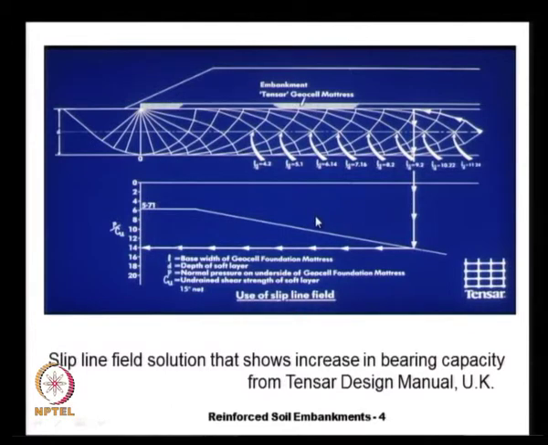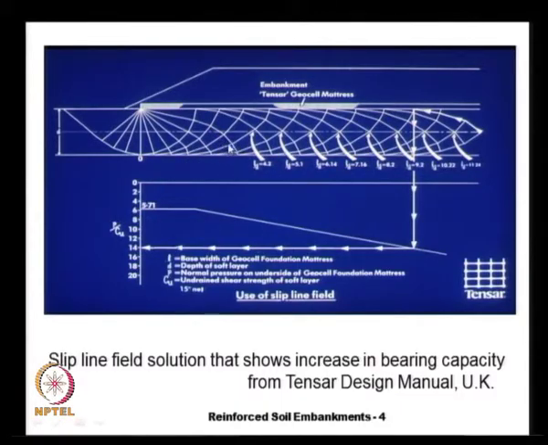And once again this photograph is from the Tensar design manual, and here we see that we have an embankment resting on a thin clay layer, and these are all the slip line fields that we can draw.